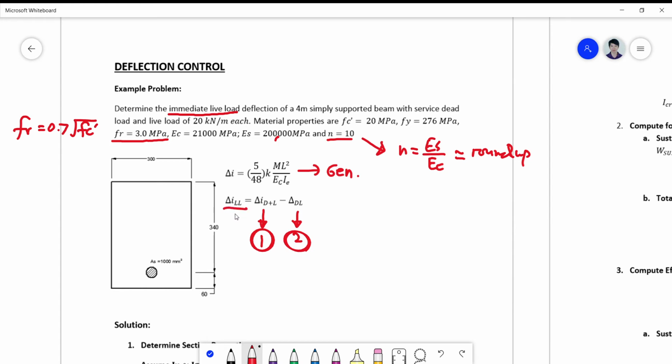Okay, you cannot directly solve delta i LL since live load cannot exist alone, so we need to make a solution based on the difference between delta DL and delta D plus L. Okay, so it cannot exist alone.